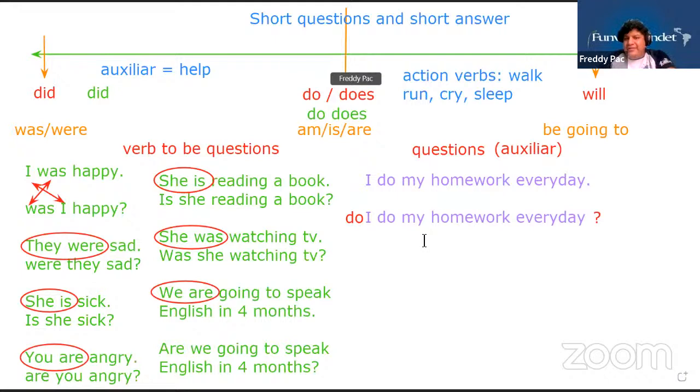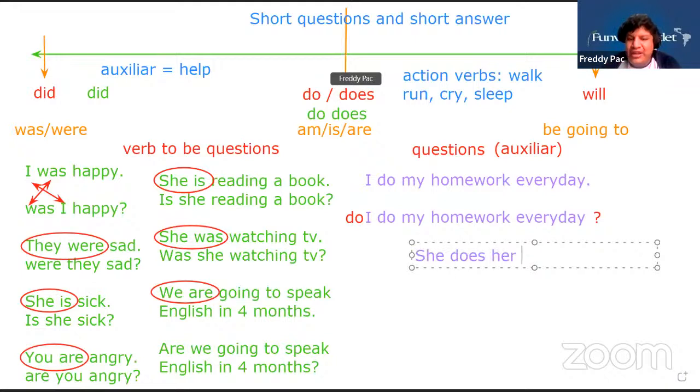Now I see that there is a lot of silence. Let's practice. Now I am going to give you another sentence, but now I'm going to give you the sentence in third person, but still in simple present.